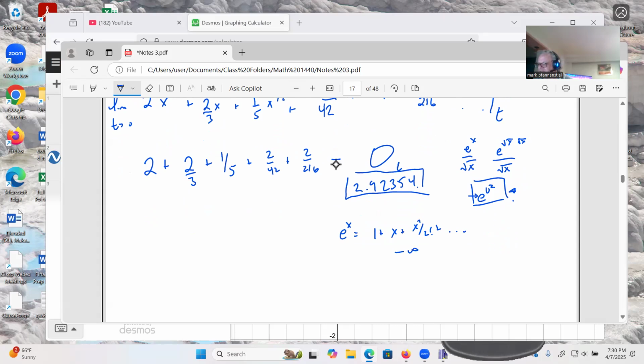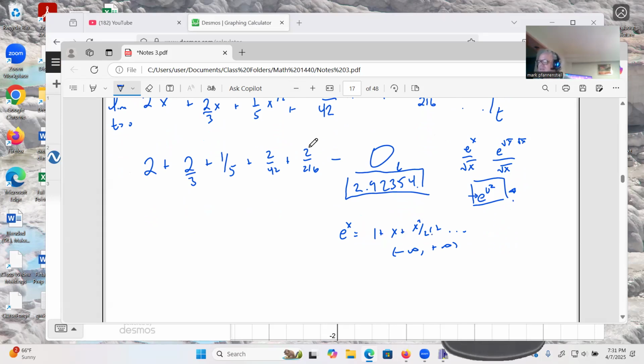This has a radius of convergence from negative infinity to positive infinity. It works for all real numbers. Not every Taylor series is going to do that, okay? But e to the x is a really safe one to use for this. So we can go ahead and use that as an approximation for e to the x and integrate it term by term.